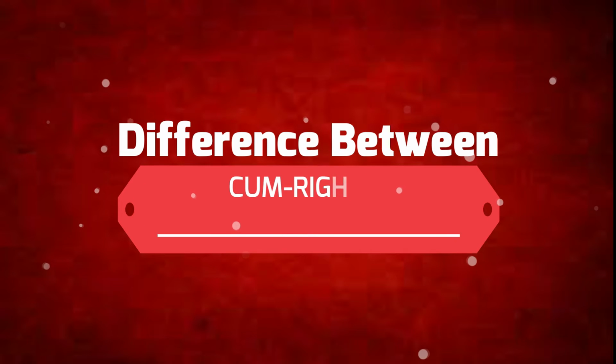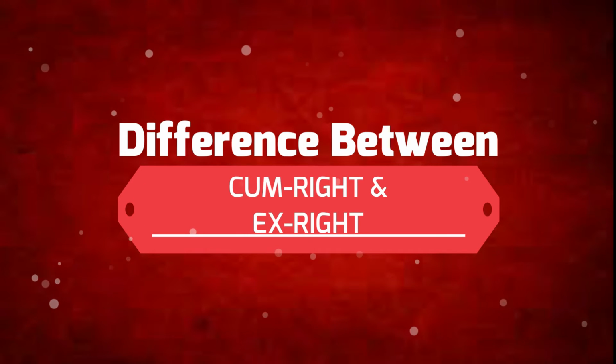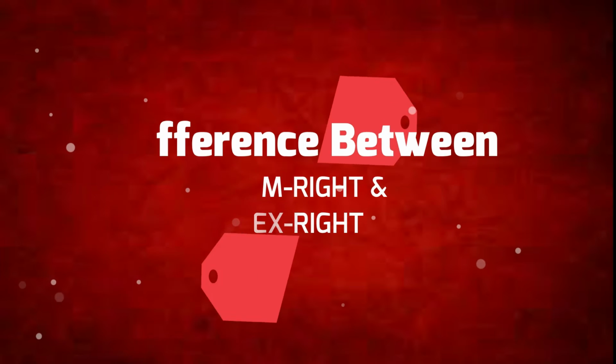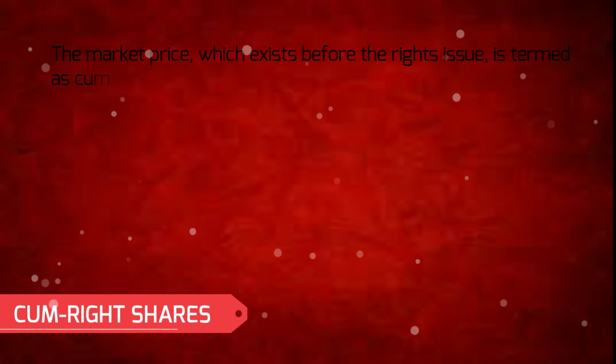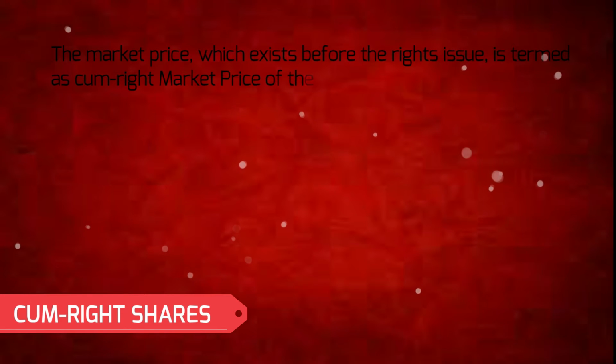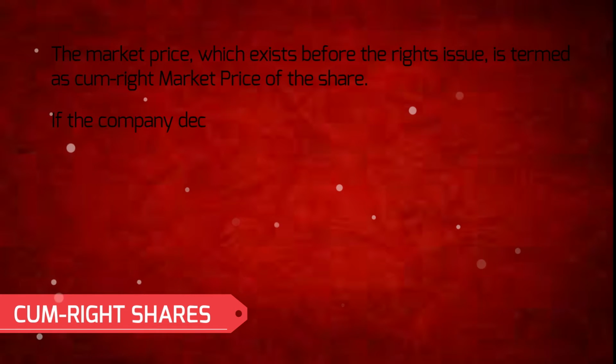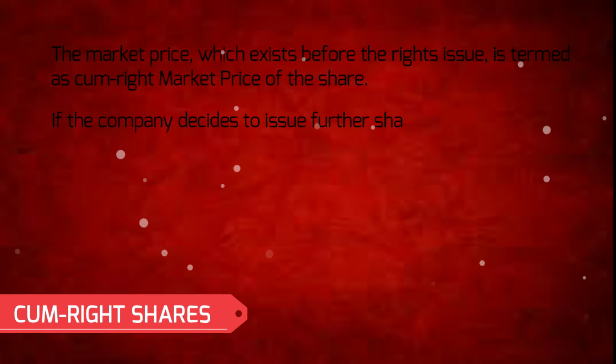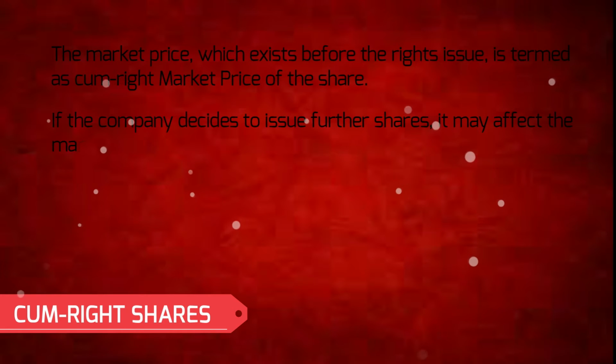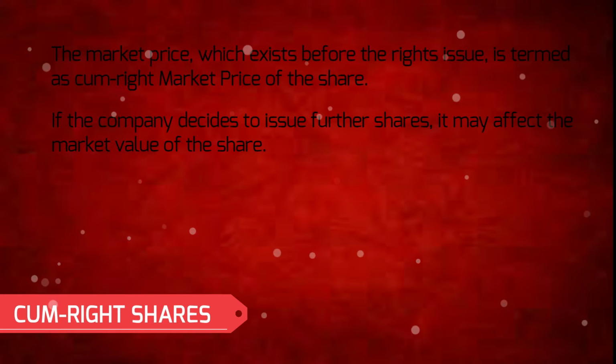The difference between the Cum-Right and Ex-Right price of the shares is the value of the right. The market price, which exists before the rights issue, is termed as the Cum-Right market price of the share. If the company decides to issue further shares, it may affect the market value of the share.